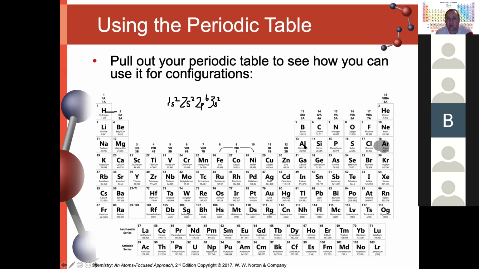And now I got to argon, 3p, 1, 2, 3, 4, 5, 6, 3p6. That is the configuration for argon.